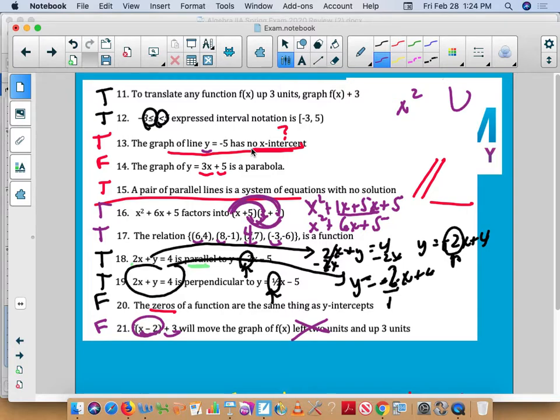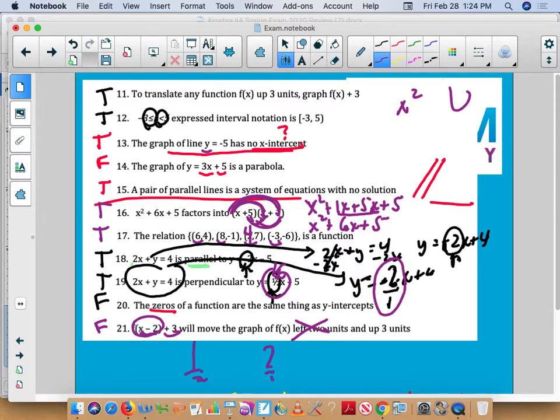Yana, 11 through 21? So then wouldn't 19 be false since it's 2x plus y, not negative 2x? No, this one is true. They are opposite reciprocals. The reciprocal of this is 1/2. Sorry, this is 1/2. Tell me what the reciprocal of 1/2 is.